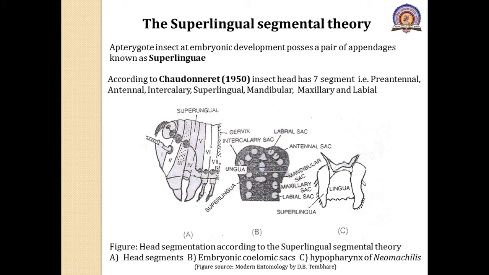Cook confirmed the presence of this superlingual segment between the intercalary and mandibular segments in pterygote insects. And according to him, the insect head also consists of 7 segments in all.